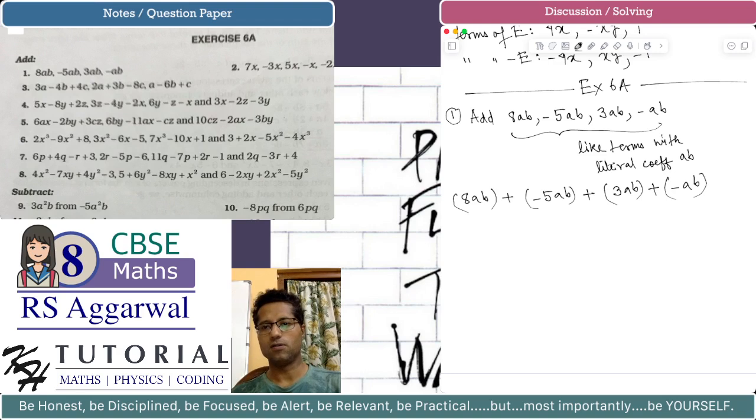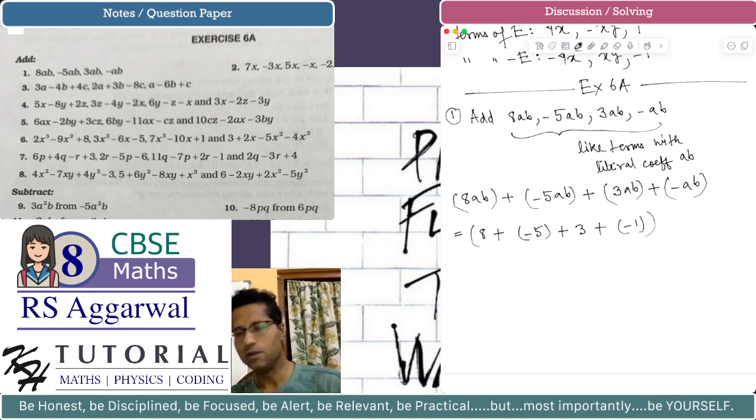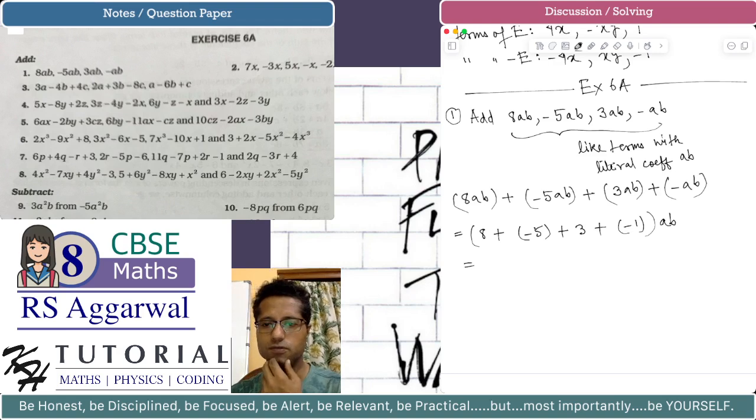We have to add all the given terms, and all the given terms are like terms. So how do we add like terms? We add all the coefficients, that is 8 plus minus 5 plus 3 plus minus 1, and then we multiply it with the common literal coefficient, which is ab. If we simplify the addition of all the coefficients, it becomes 3, 6 and 5. So this is 5ab. Okay.